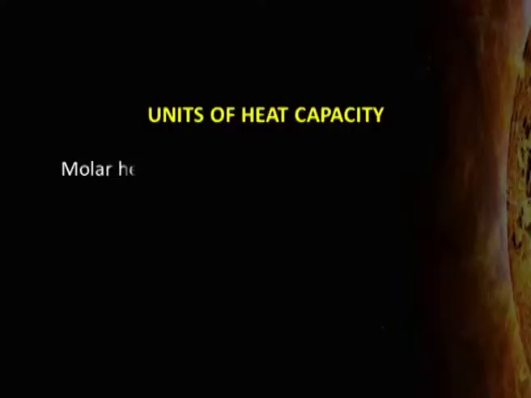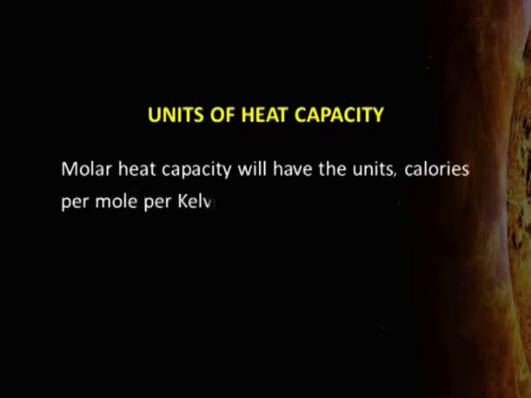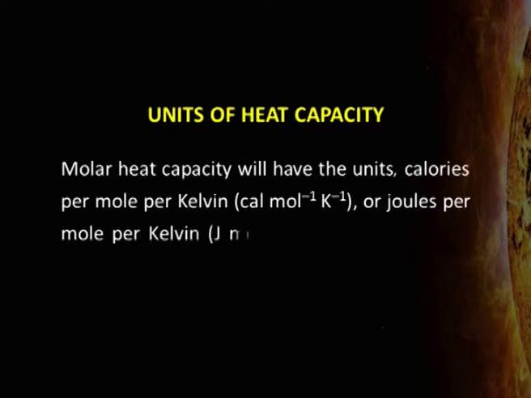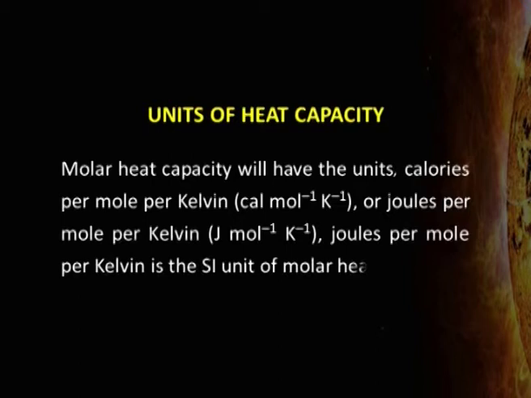The molar heat capacity of water will be equal to 18 calories per mole per Kelvin. Molar heat capacity will have the units calories per mole per Kelvin or joules per mole per Kelvin. Joules per mole per Kelvin is the SI unit of molar heat capacity.